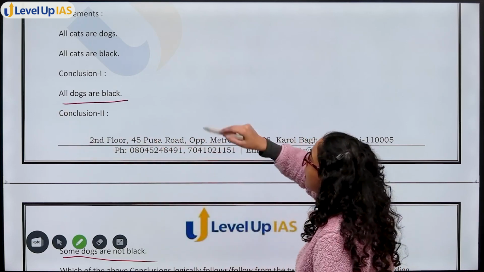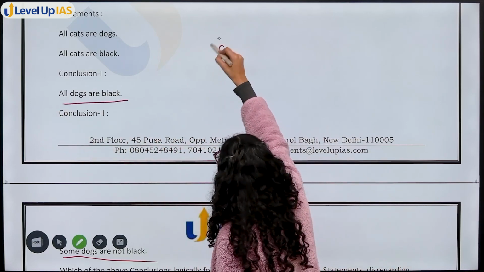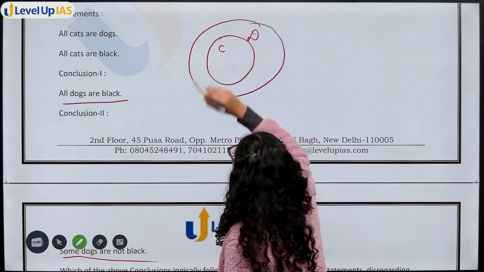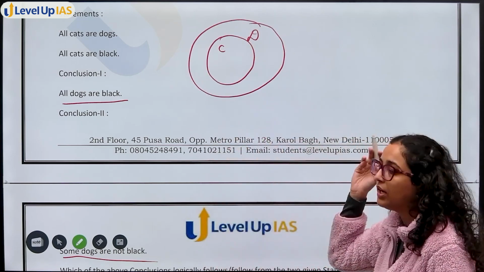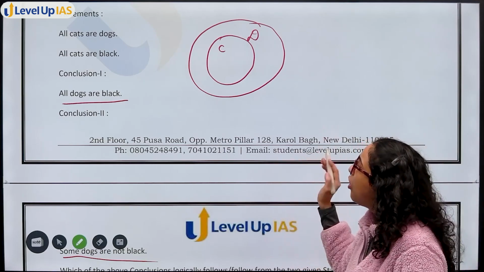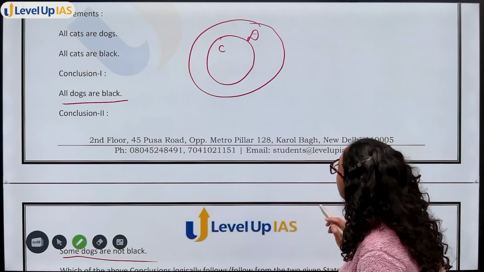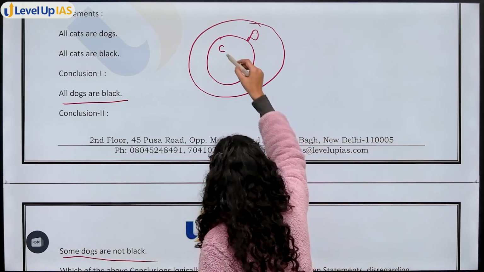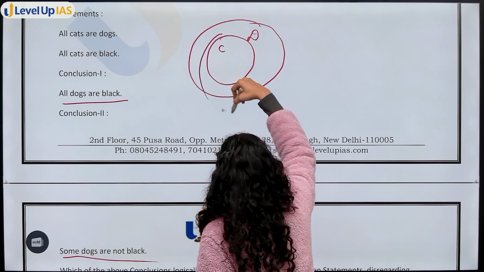Now you have all cats are dogs. Whenever you have a statement of all, understand that this is an easy question, because drawing an all is very easy. All cats are dogs, all cats are black. Now you can have multiple ways of drawing black. You can have black like this.